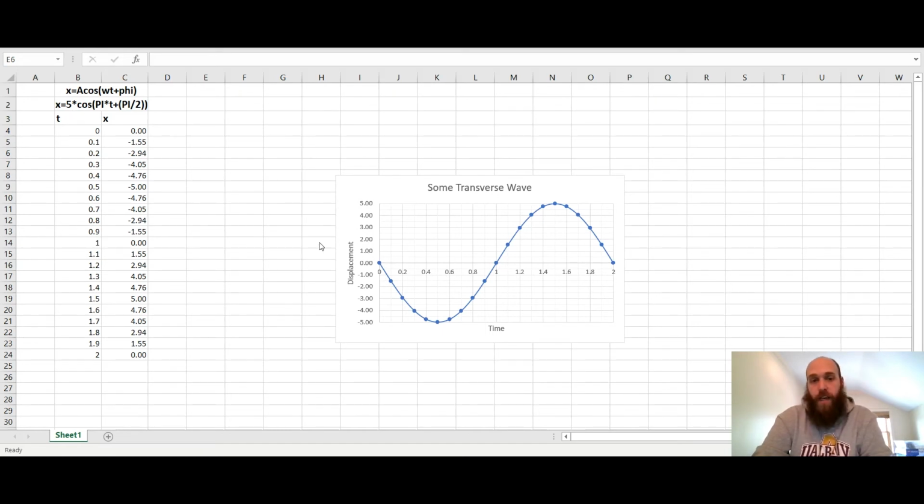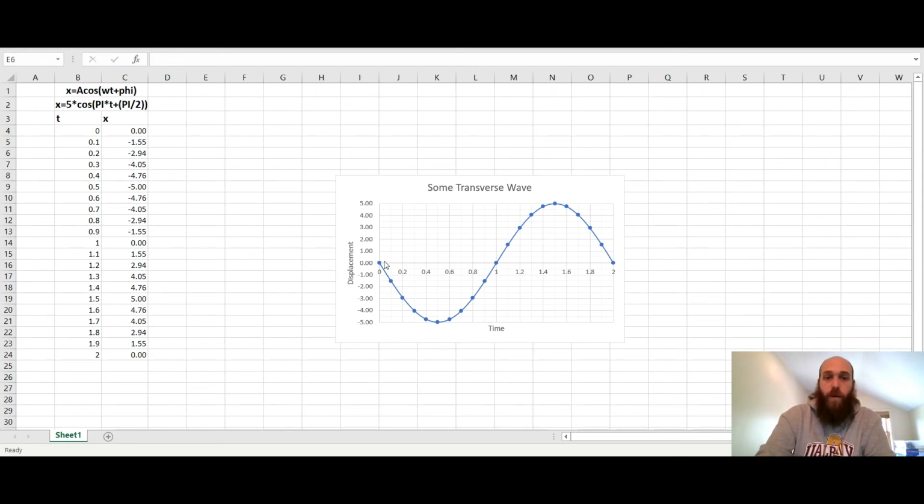And we can also see that it covers just a trough or just a crest, half of a full oscillation, in 1 second. And that's because our frequency is pi. A full oscillation would be 2 pi, and so it does half of that each second. And then this last thing is our phase constant, which we have as pi over 2.